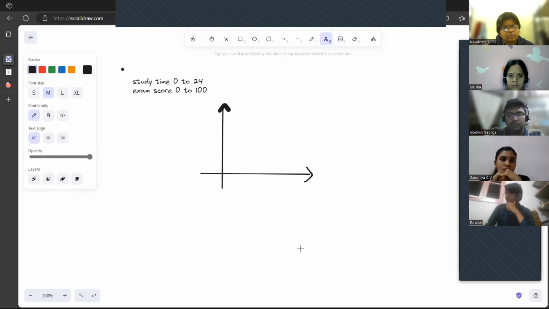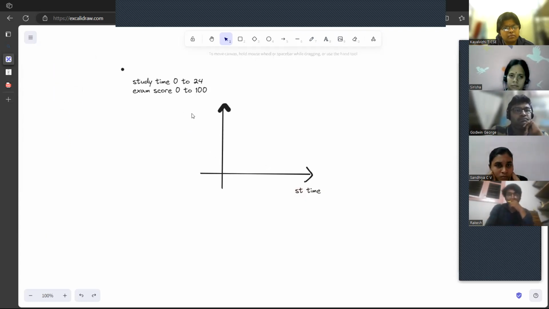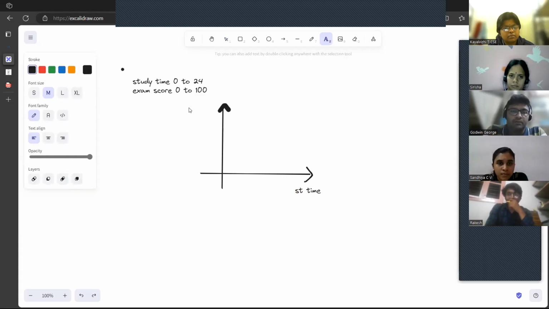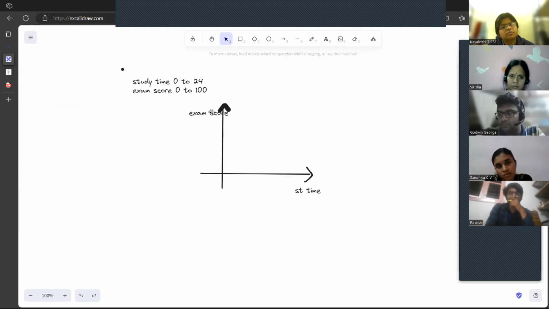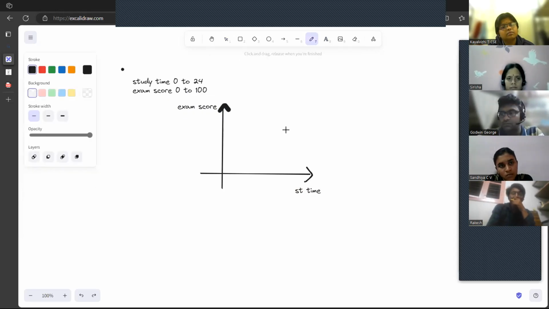The x-axis should be the study time, and the y-axis shall be the exam score. If you plot the data points in this graph, it would be something like this.